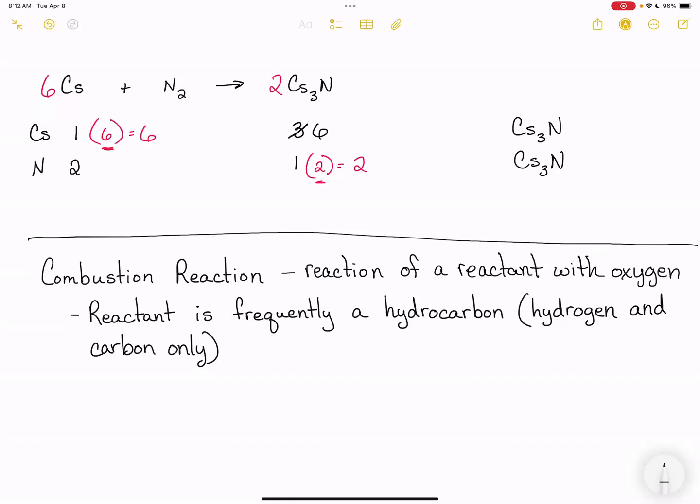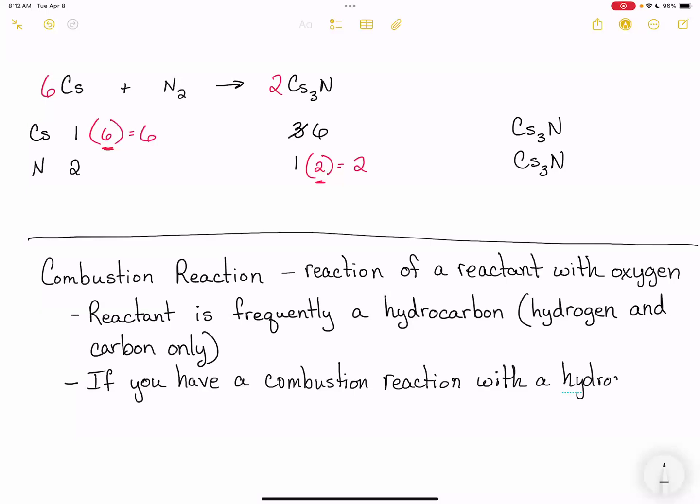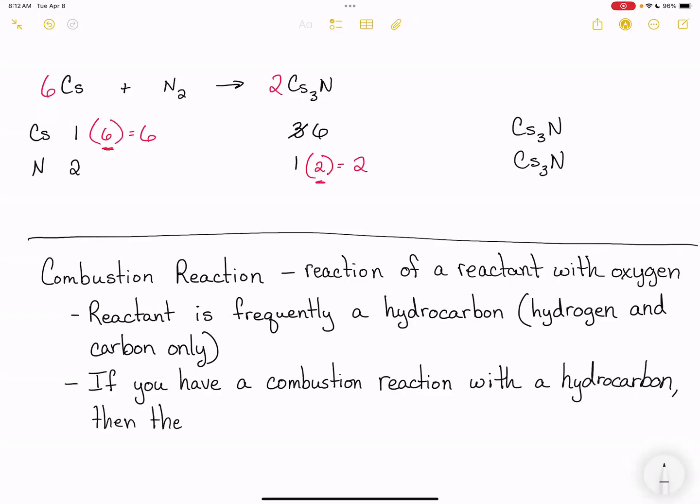Now, if you have a combustion reaction with a hydrocarbon, then the complete burn will produce carbon dioxide and water.